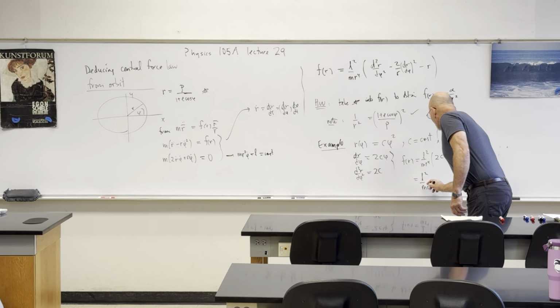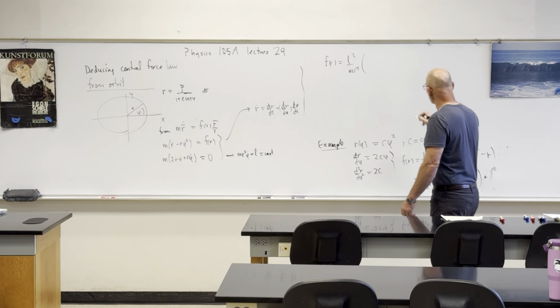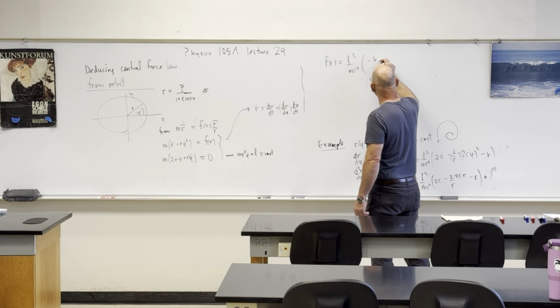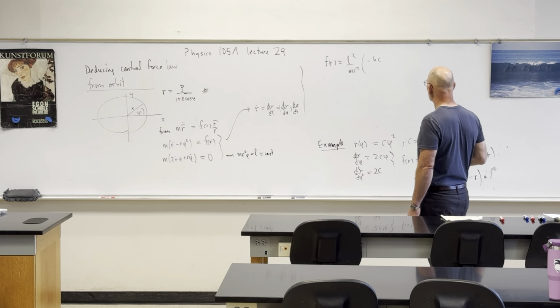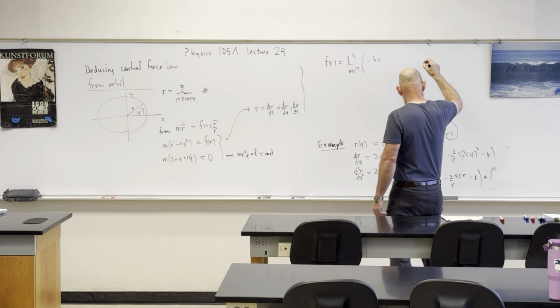So we have L squared, bring this up to here now. So we have here f of r equals L squared over m r to the 4th, 2c minus 8c, so negative 6c, minus r.